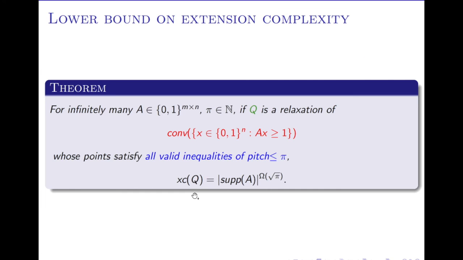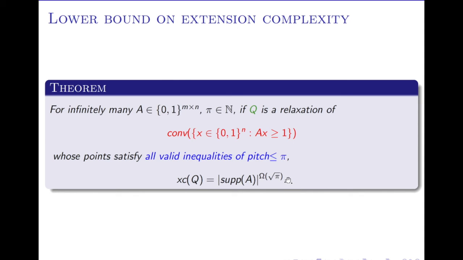And here's our result. We've shown that there's infinitely many matrix A and pitch pi, such that if Q is a relaxation of the polytope defined as a convex hull of all the feasible 0,1 points of this particular covering problem, and Q satisfies all the valid inequalities with pitch less than or equal to pi, then the extension complexity of Q will be super polynomial in pi.